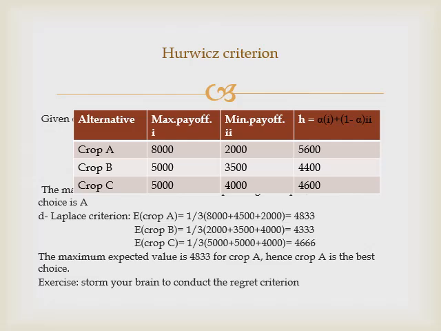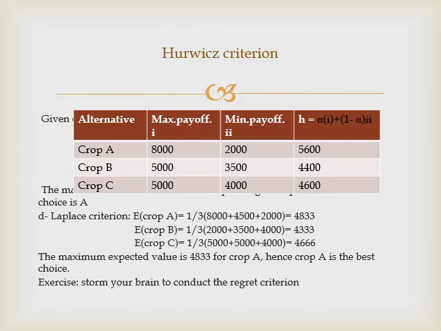For group B, again 1 over 3 because there are also 3 states of nature. 1 over 3 multiplied by 2,000 plus 3,500 plus 4,000. The result is 4,333.